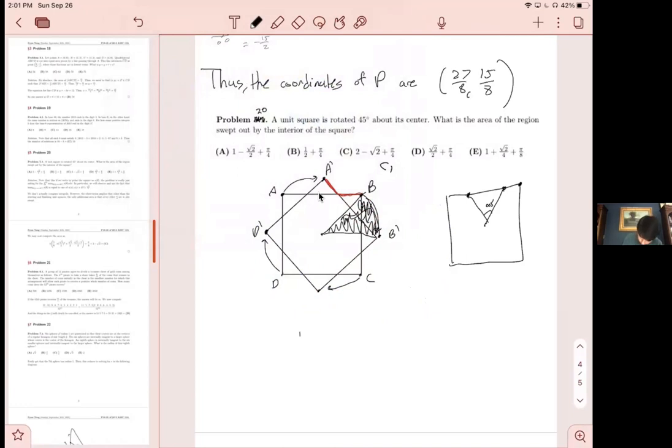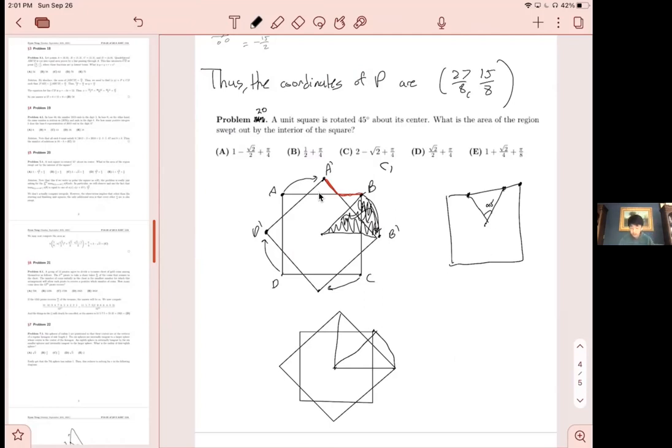We're just now instead trying to find the area of this region.